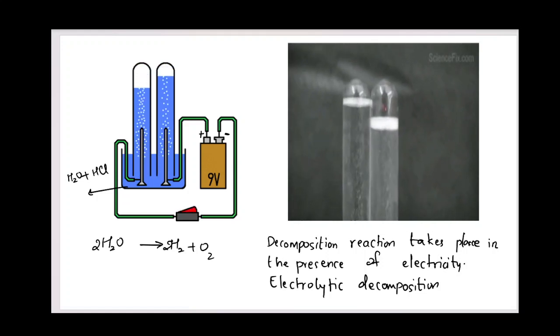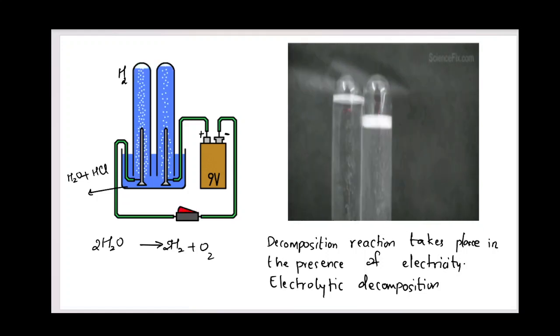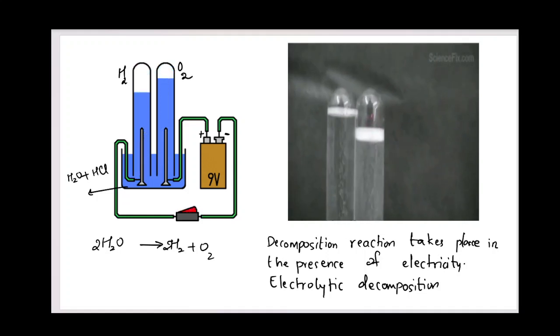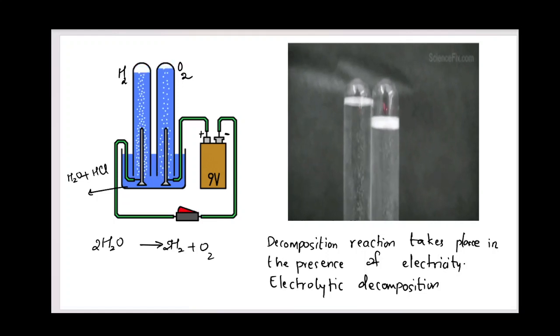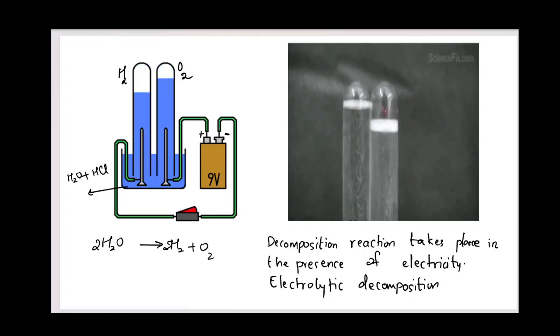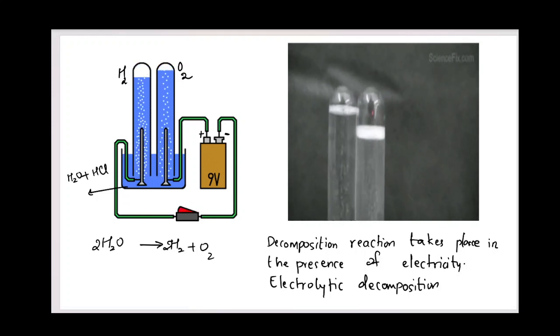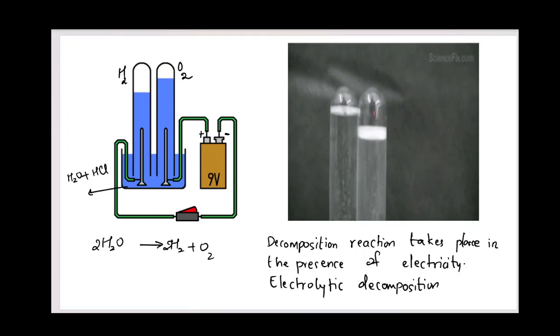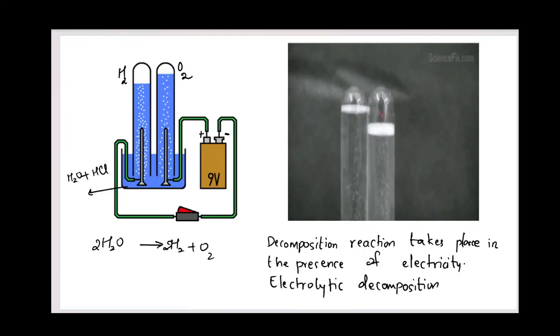negative side. Negative side hydrogen gas is released and positive side oxygen gas is released. Okay, so you can see where there is more space, that side hydrogen gas is released, and where there is less space, there oxygen gas is released. Now why is hydrogen more and oxygen less?